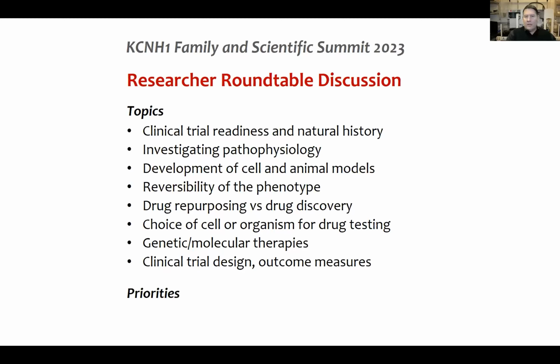And then one that folds back to the very first topic, clinical trial readiness, but more importantly, clinical trial design. What we've heard is that natural history data can supplant a placebo control arm in a placebo controlled trial, but this is a really rare disease.